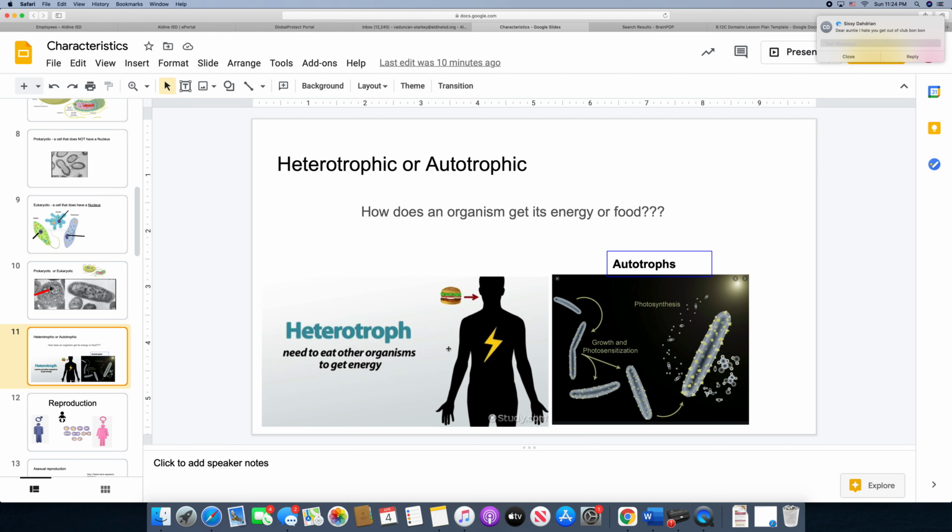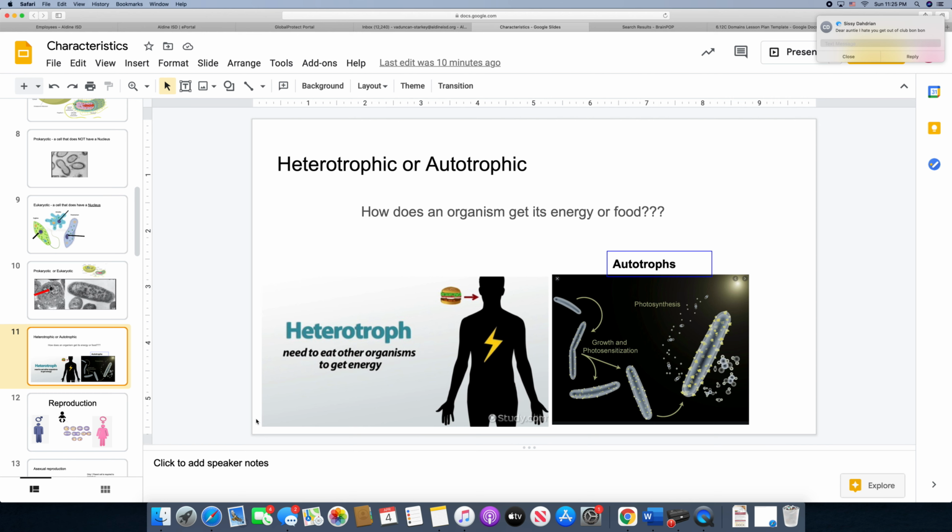Versus autotrophs, they use a process similar to photosynthesis to absorb nutrients from sunlight, create their own food. So this is an autotroph here, shown in the image here, where they use a process similar to photosynthesis, and heterotrophs here, where we typically see an organism eat its food.